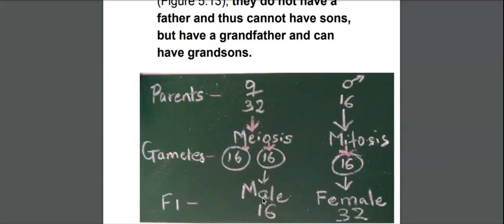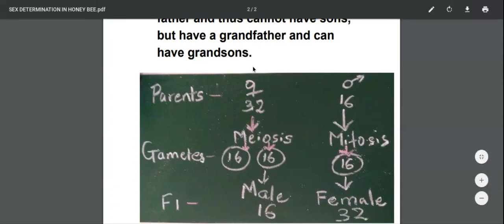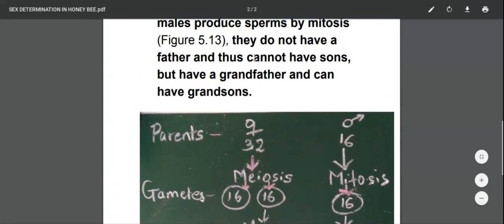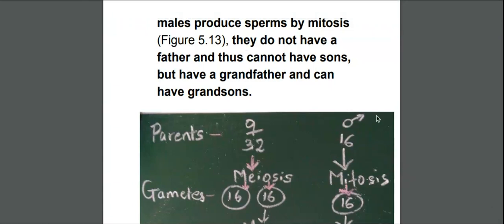And similarly, he can act as a grandfather and have a grandson. So this statement is very true, because males do not have fathers, they cannot have sons, but they can have grandfathers, because the unfertilized egg is coming from a female, and the female is a product of fusion of a male and a female gamete.